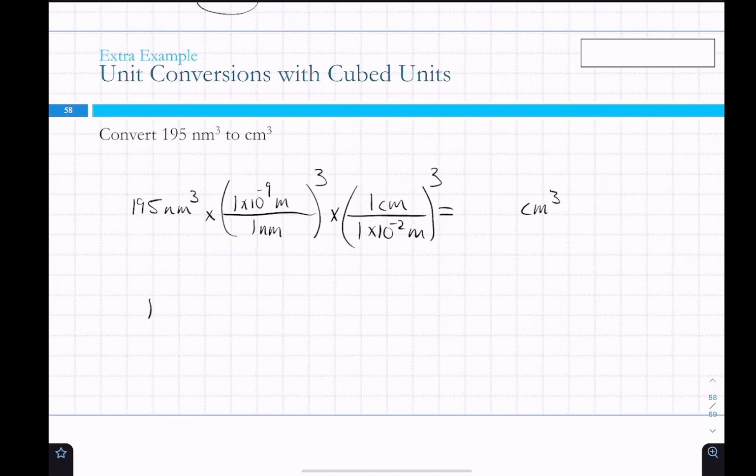So when you type this into your calculator, it should look like this: 195 times 1e negative 9 raised to the 3. Some calculators actually make that an exponent, others do not. And then this will be multiplied, but divided by 1e negative 2, and that raised to the 3.